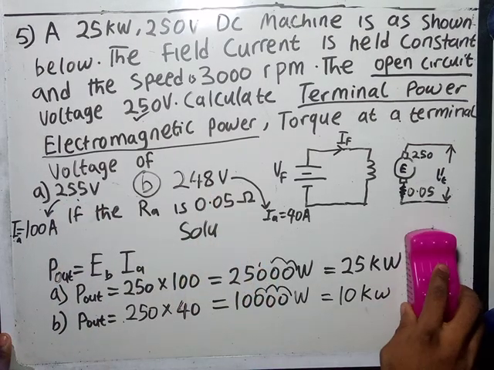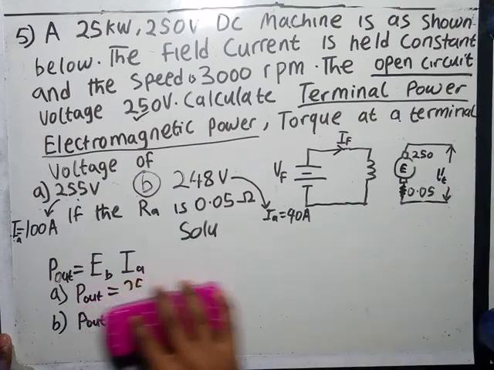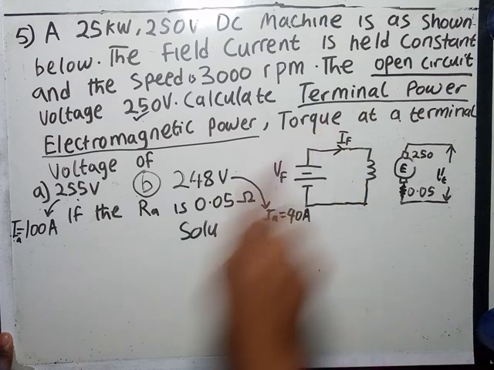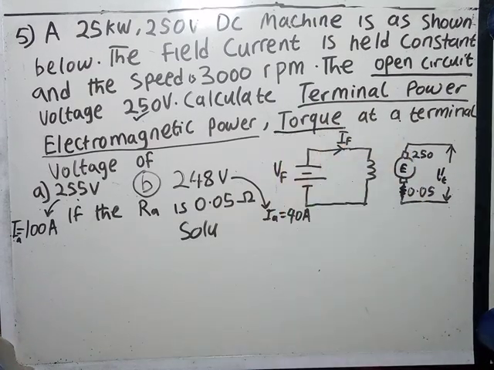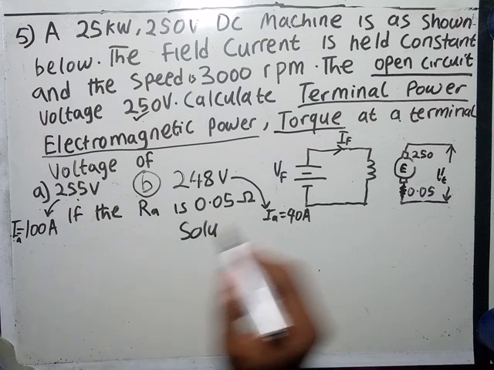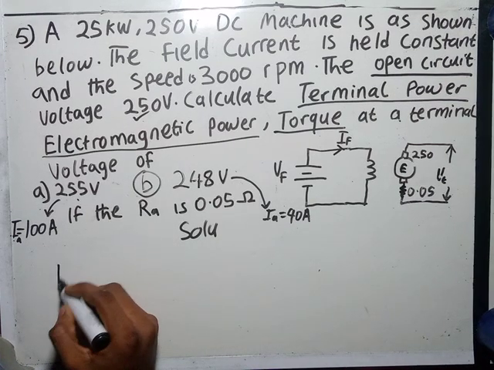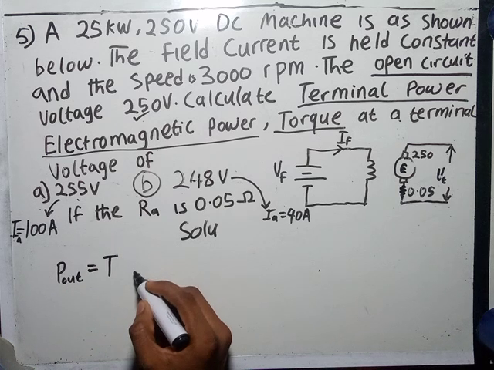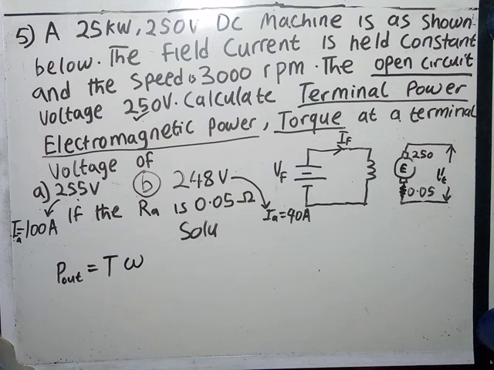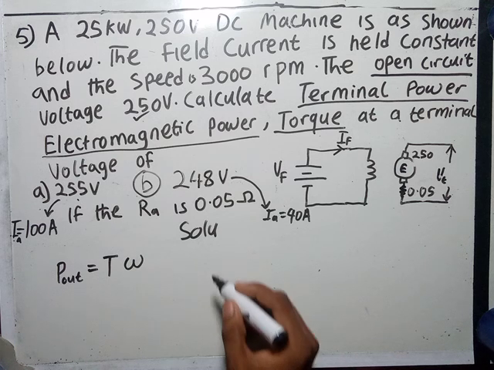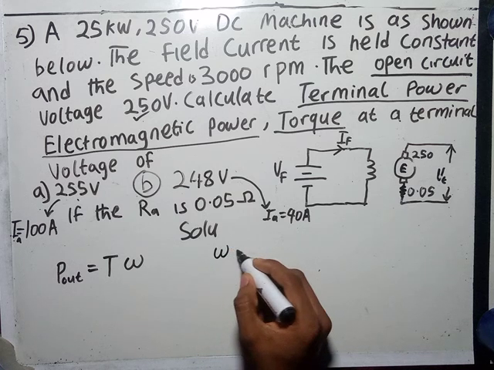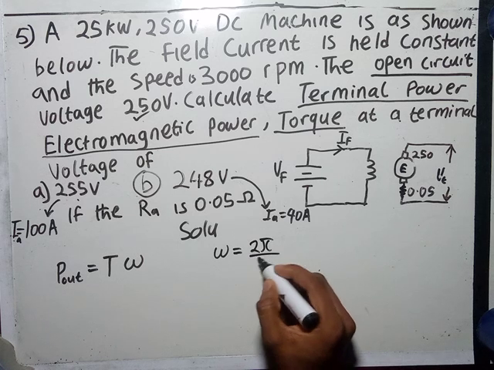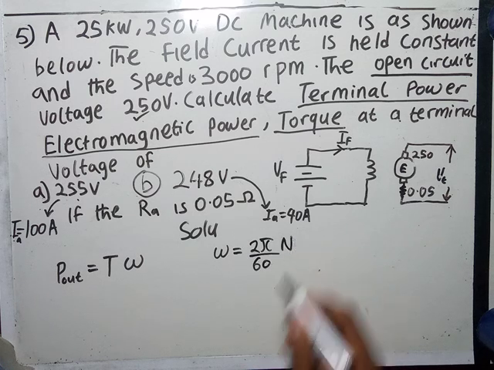We have gotten this. Now we will be looking for the final boss, which is the torque. Like we said earlier, P out is also equal to your torque times your angular speed. Your angular speed is equal to 2 pi over 60 times n.